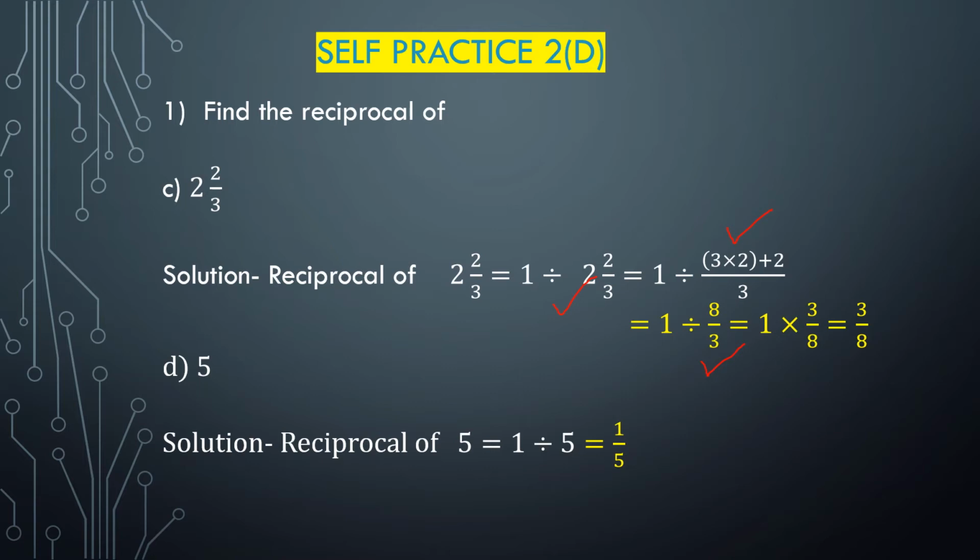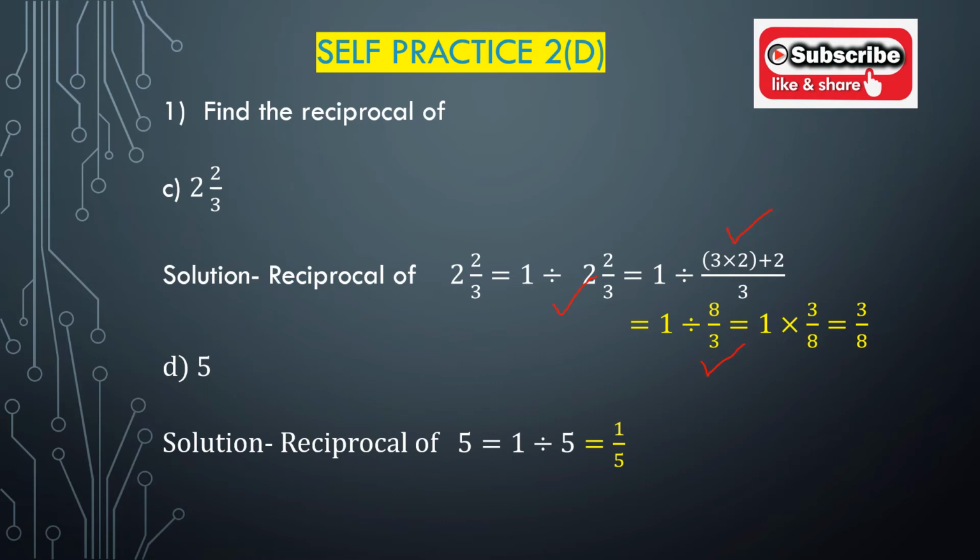Just change the numerator into the denominator and the denominator into the numerator, that is reverse the fraction. Here the denominator 3 changes to the numerator, and the numerator 8 changes to the denominator, that is 3 divided by 8. Now we get 1 multiplied with 3 divided by 8, that is 3 divided by 8. So the reciprocal of 2 and 2 divided by 3 is 3 divided by 8.